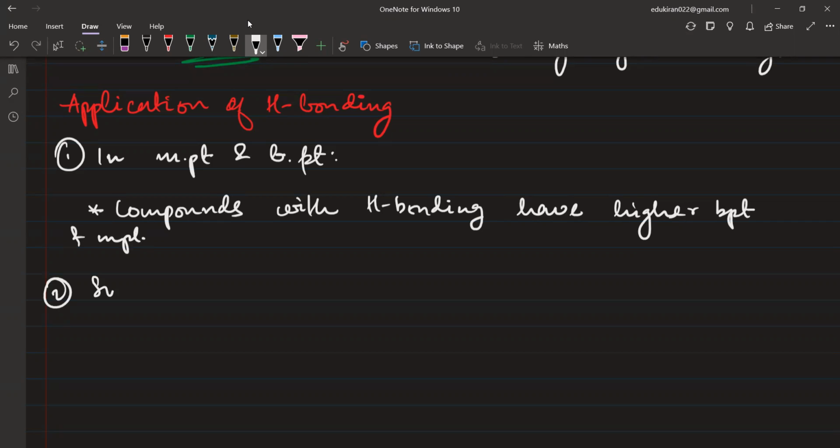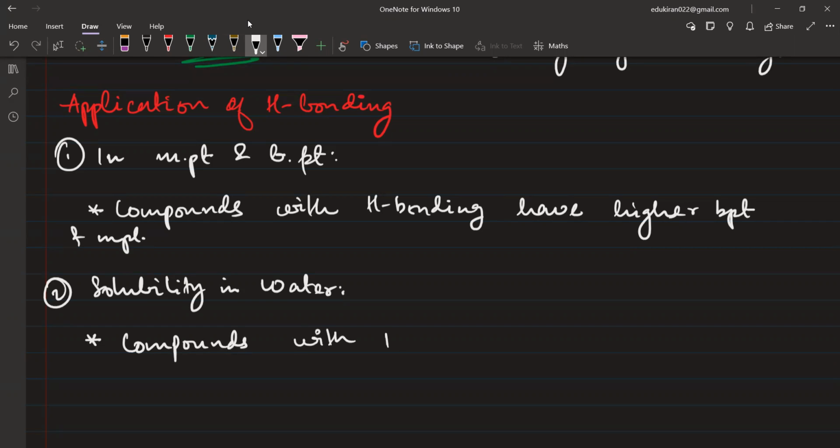Second, solubility in water. Solubility in water will be what? Compounds with hydrogen bond are soluble in water.